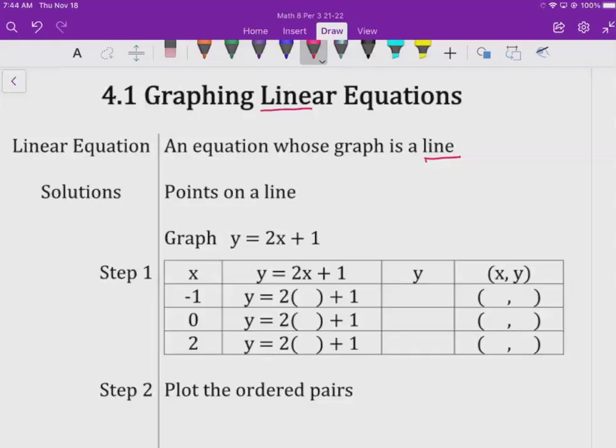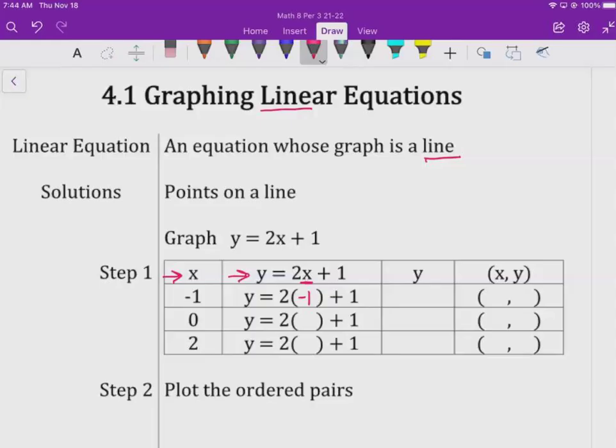So when we're going to do this, step number 1, you're going to input your x values into your linear equation. So this is your linear equation. These are your x values. So we're going to take -1 and we're going to plug it in here where it used to say x, but now we're going to plug in -1.